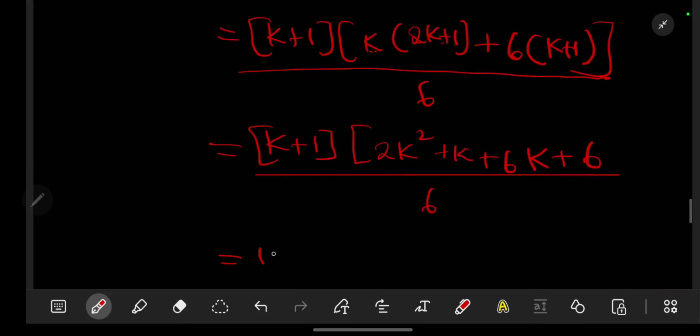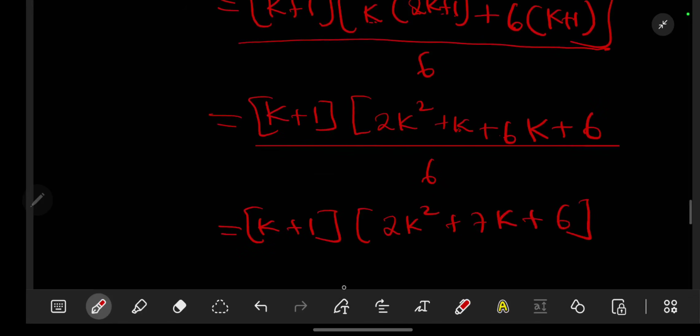So after doing that, we are going to have our k plus 1, then our 2k squared, then k plus 6k will be 7k, then plus our 6, over our 6.